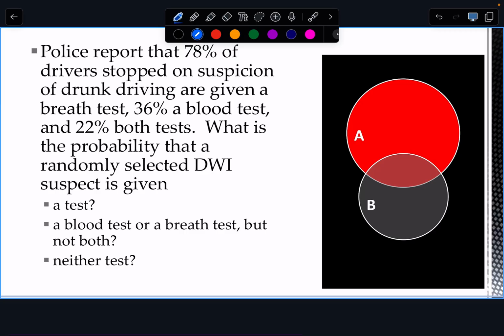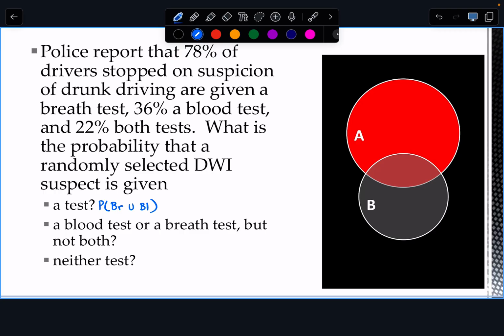As we're looking at this question, some of these aren't overly difficult to attack head on. The first question says what's the probability that they get a test? So they're saying get a breath or a blood test. We just talked about that. I want the probability that I get a breath test or a blood test.